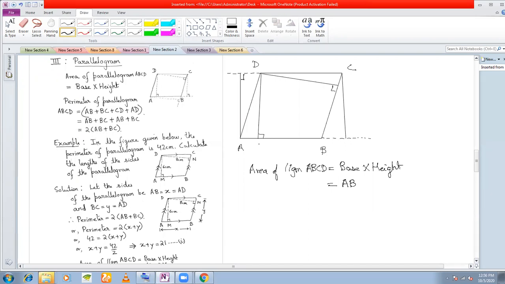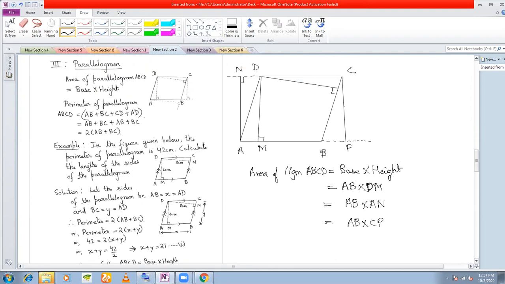Your height can be DM, or your height can be AN also, AB into AN. Or if AB is the base, then CP can be the height also, base AB into CP. All these can be your heights if you're considering a single base AB.